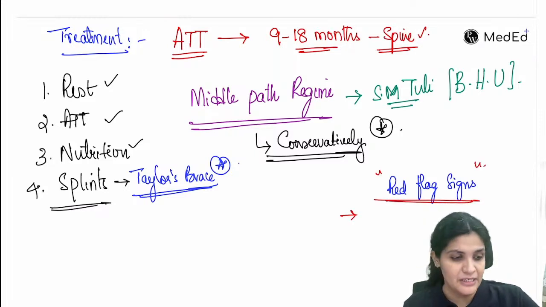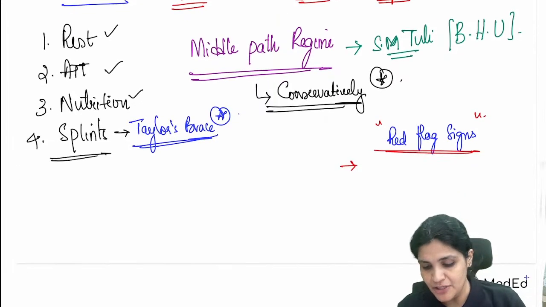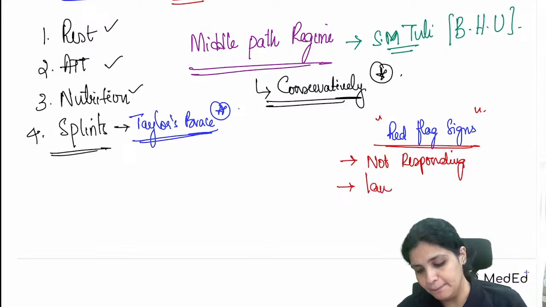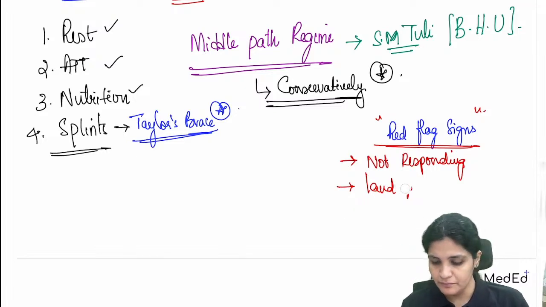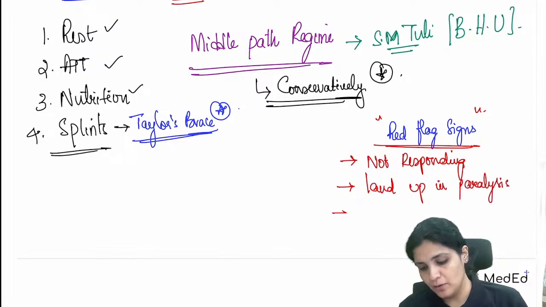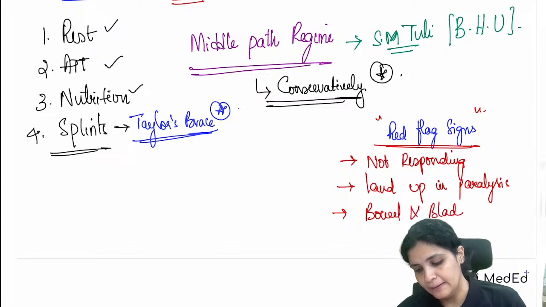You give all the patients the middle path regime, but you have to identify the patient who is not responding, or who is landing up in paralysis, or involvement of bowel and bladder.